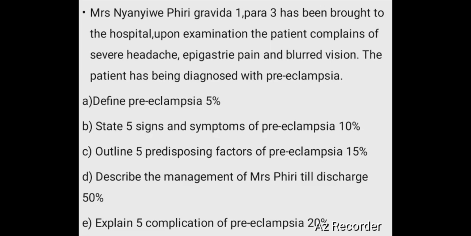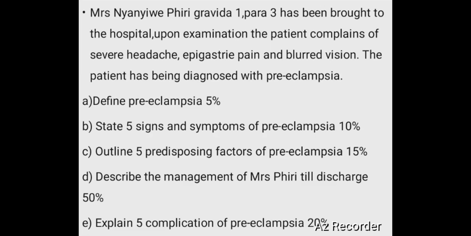The third predisposing factor can be multiple pregnancy. So when a pregnant woman carries 2 or more offsprings, the estrogen levels tend to be elevated, and this may cause generalized vasoconstriction, which may result into pre-eclampsia.